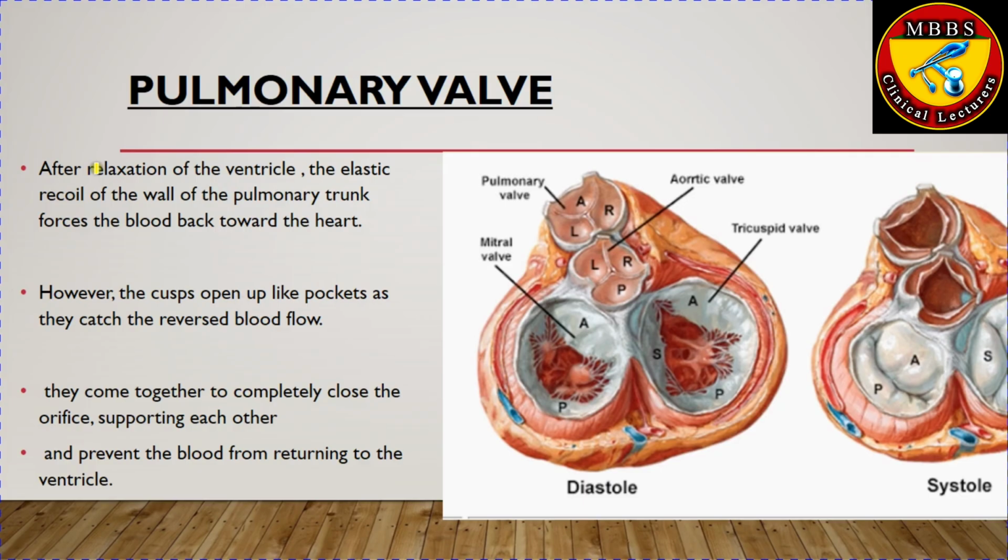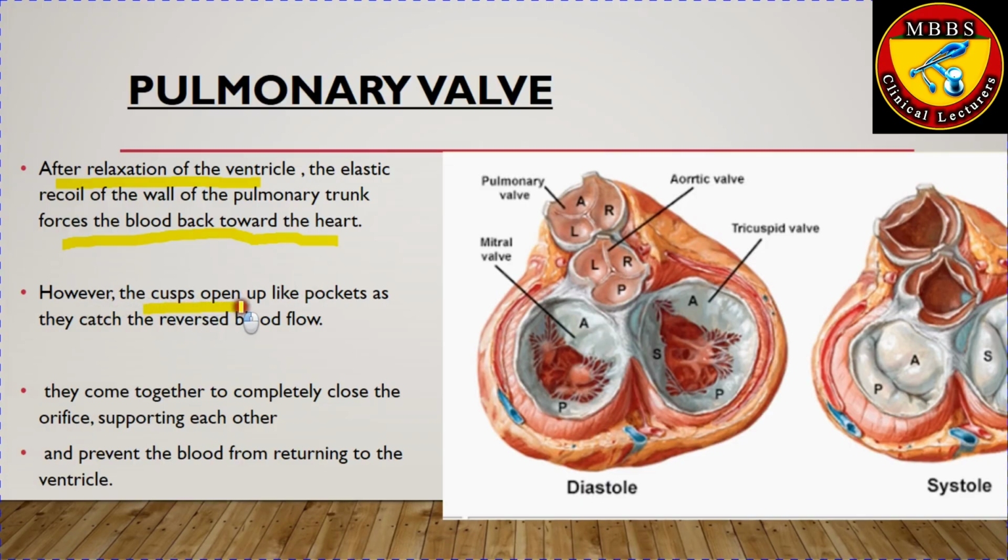Now, what happens during relaxation? After relaxation of the ventricle, the elastic recoil of the wall of the pulmonary trunk forces the blood back towards the heart. But at this time, the pulmonary valve closes. How?